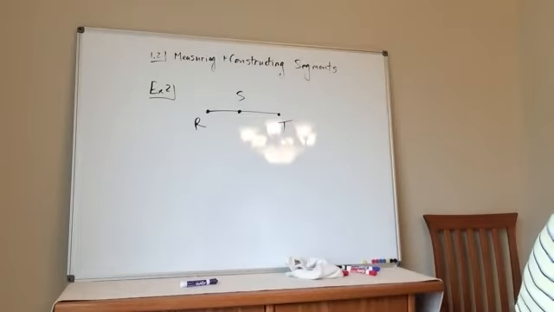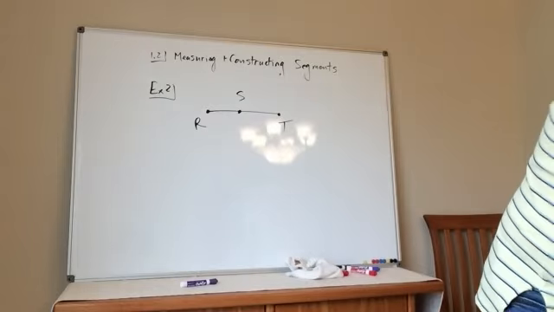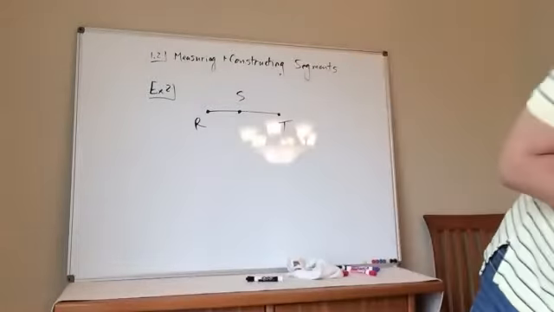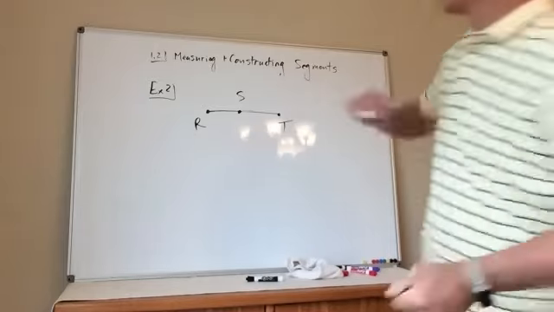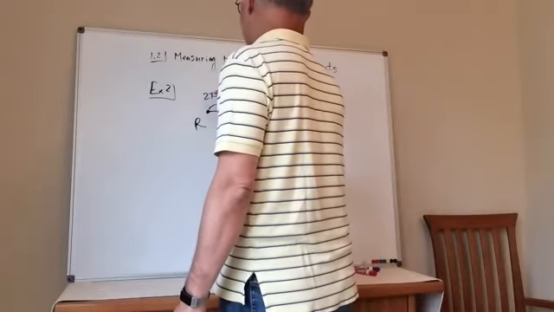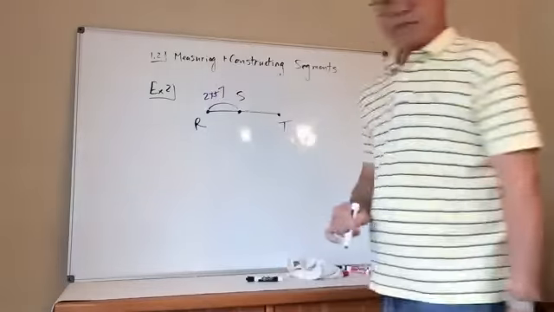S is between R and T, but we were given that this guy here is 2x plus 7.